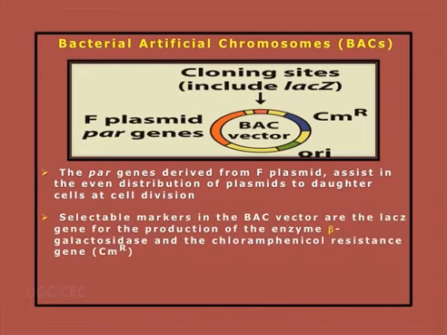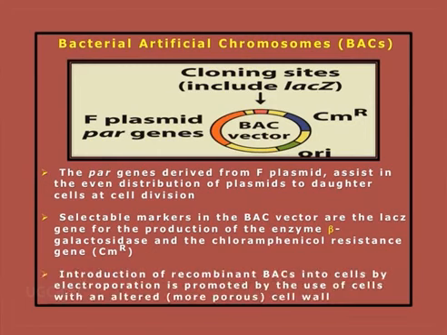The selectable markers in the BAC vector are the lacZ gene for the production of the enzyme beta-galactosidase and the chloramphenicol resistance gene, or the CAT gene. Introduction of recombinant BACs into the cell is done by electroporation and is promoted by making the cells more porous.